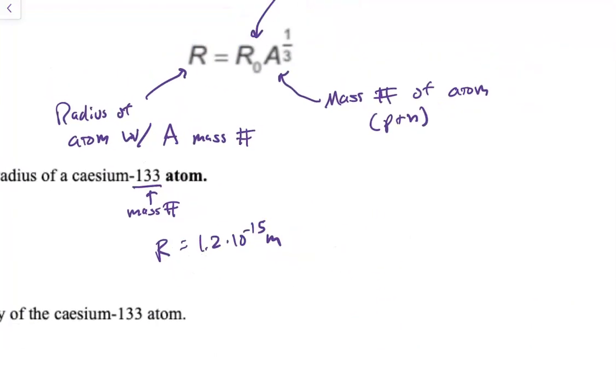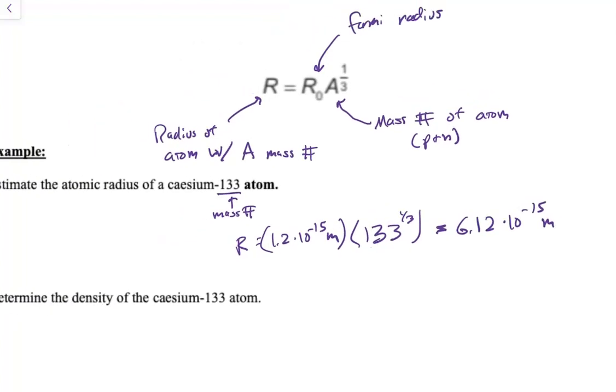So R equals 1.2 times 10 to the negative 15th times 133 to the 1/3 power. And this would leave you with 6.12 times 10 to the negative 15th meters. So that's our radius estimate for our cesium-133 atom.